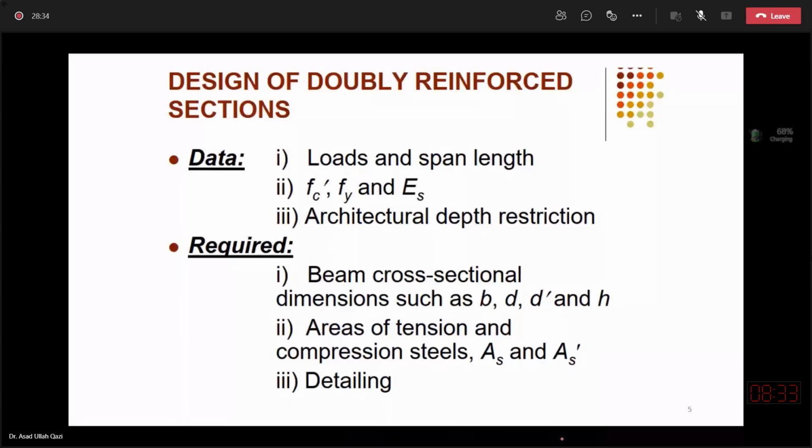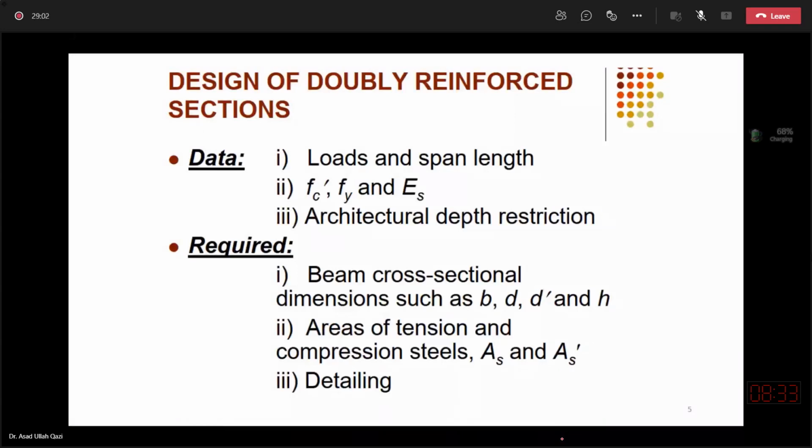Perform the classification of that beam, calculating rho, rho Cy and rho balanced, and then classify without going into detailed analysis whether it is case 1 doubly beam, case 2 doubly beam, whether it is tension controlled doubly beam or transition controlled doubly beam. So now you have the required assessment tools with you, which are different rho equations.